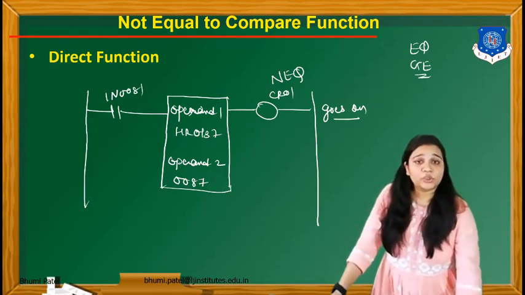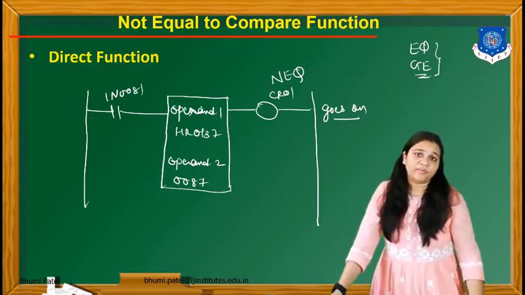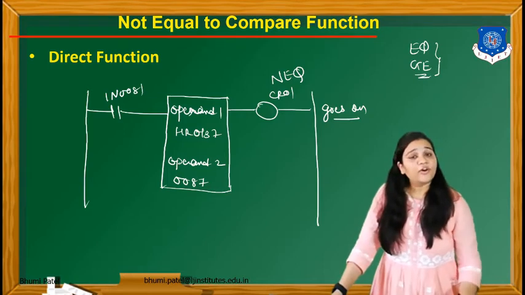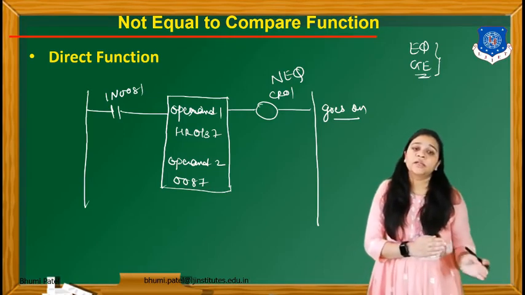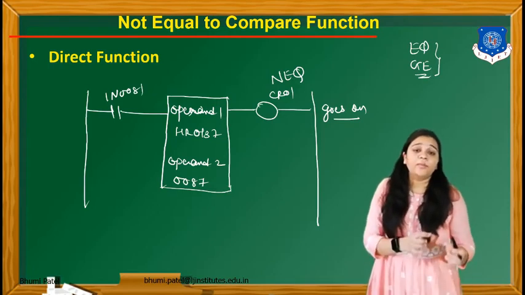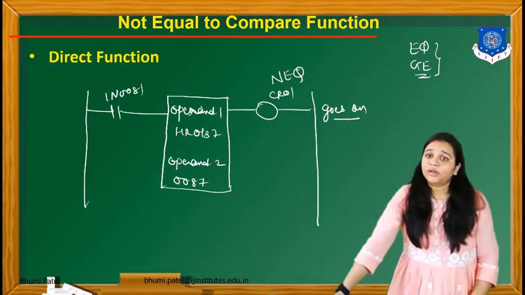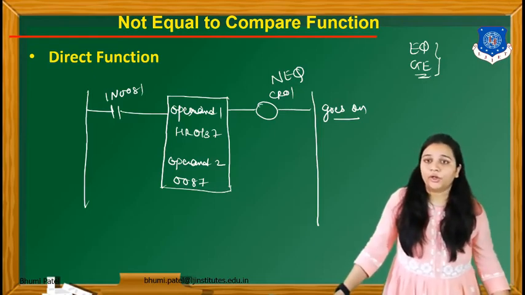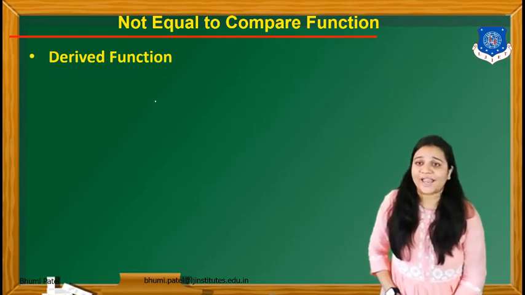So using these two functions, we have to derive the not equal to compare function. For that we use the equal to function. If we put the equal to in a normally closed form, then the numbers being equal becomes not equal. So the derived function for not equal to is like this.